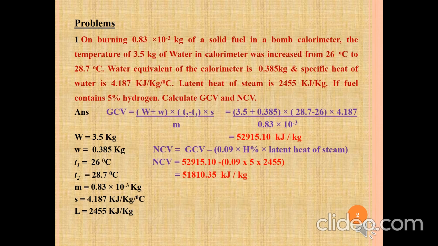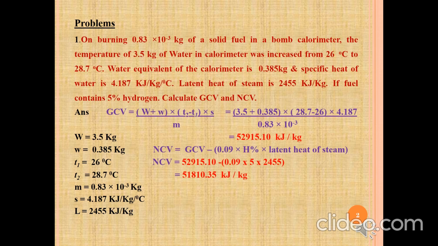So we are getting 52,915.10 minus 0.09 into 5 into 2455. So we are getting the NCV as 51,810.35 kilojoules per kg. So this is nothing but the net calorific value.